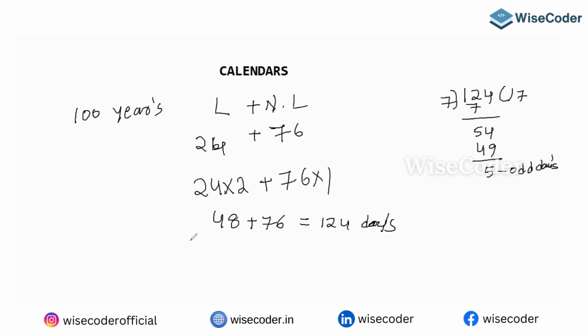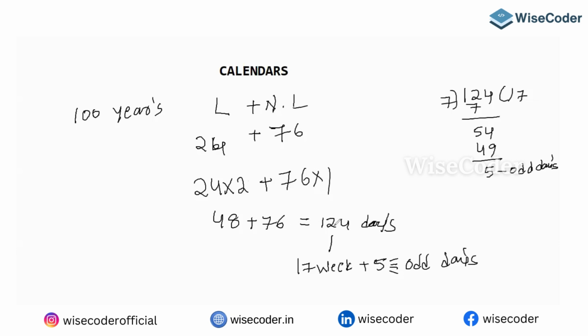So you can say here there are 17 weeks plus 5 extra days, and these extra days are called odd days. Let me recap: 100 years will have 24 leap years and 76 non-leap years. A leap year consists of 2 odd days, a non-leap year consists of 1 odd day.